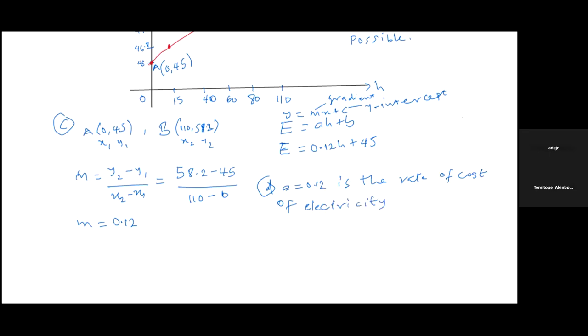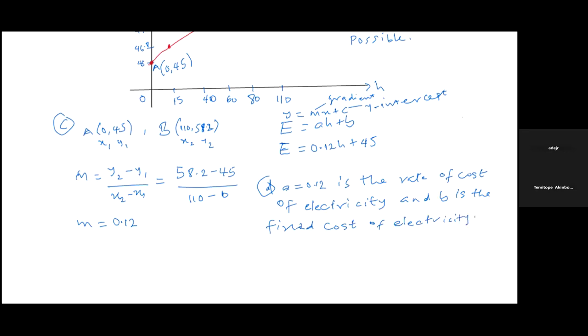And B is the fixed cost of electricity. Is that clear?